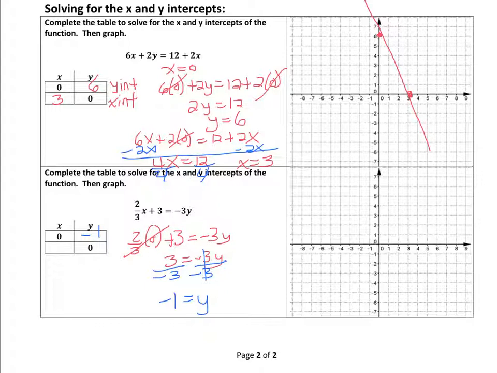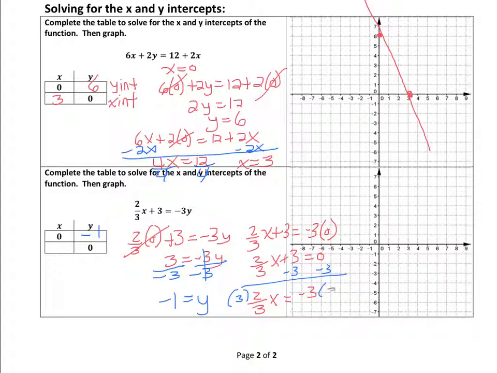Likewise, we're going to say 2/3 x plus 3 equals negative 3 times y. Now that's 0. We've got 2/3 x plus 3 equals 0. We're going to subtract 3 from both sides. And we end up with 2/3 x equals negative 3. Multiply both sides by 3.